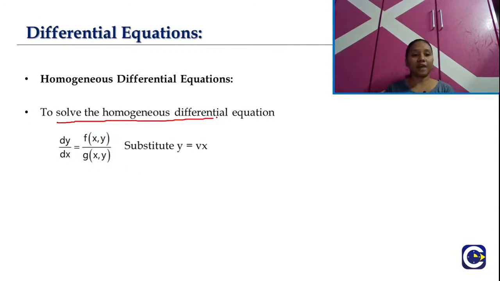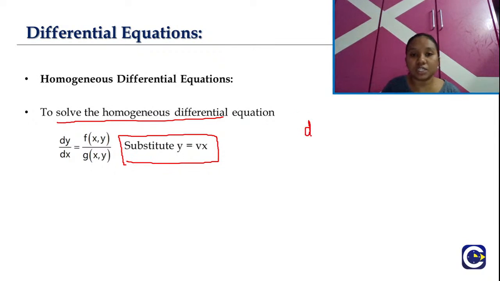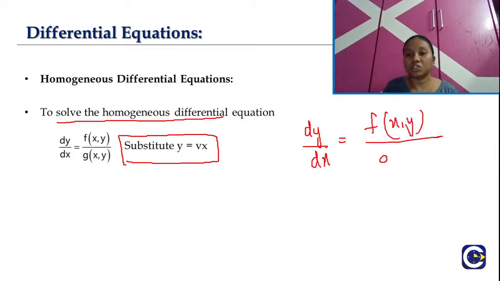The only thing we have to do is substitute vx in place of y. If the differential equation is of the form dy by dx equal to f of x comma y by g of x comma y, then the substitution will be y equal to vx.